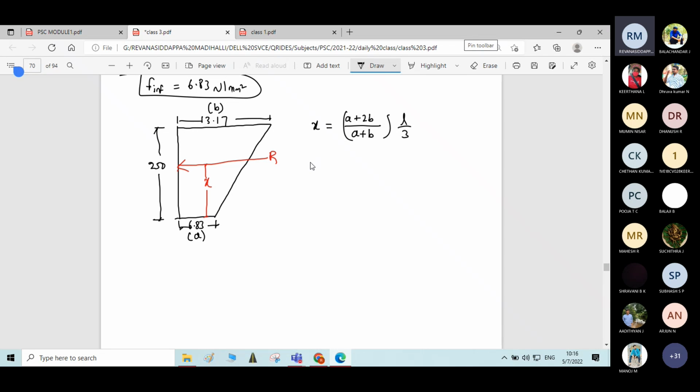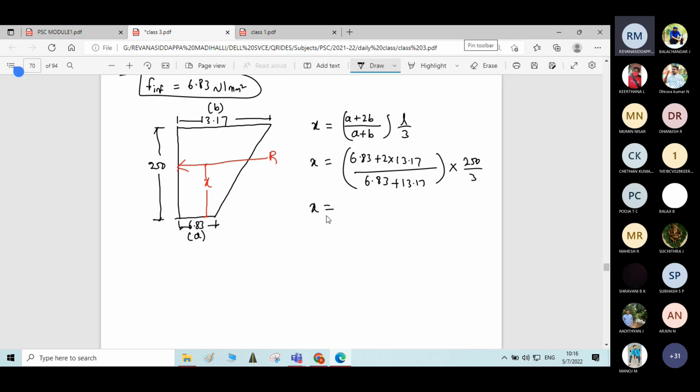Now you can substitute everything and get the answer. A is 6.83, plus 2 into B, 13.17, divided by 6.83 plus 13.17, into L by 3, 250 by 3.